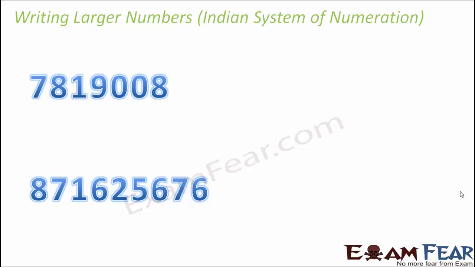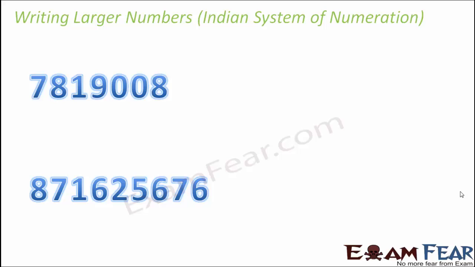Now on the screen you see two large numbers, and instantly looking at them you might not be able to tell their names because you first need to know the position of the digits. Only then you'll be able to tell the names. So to make things even simpler, we make use of commas.